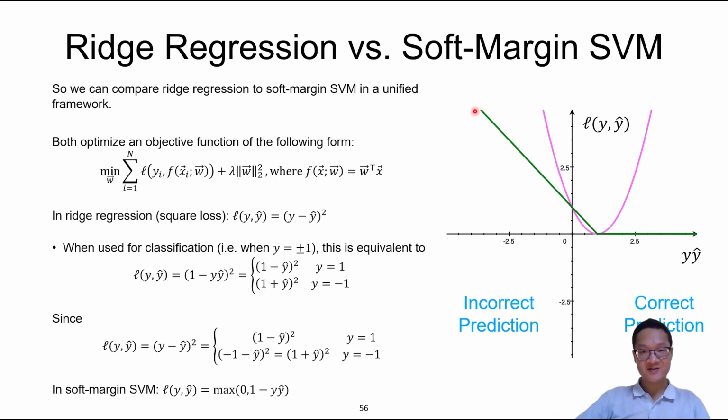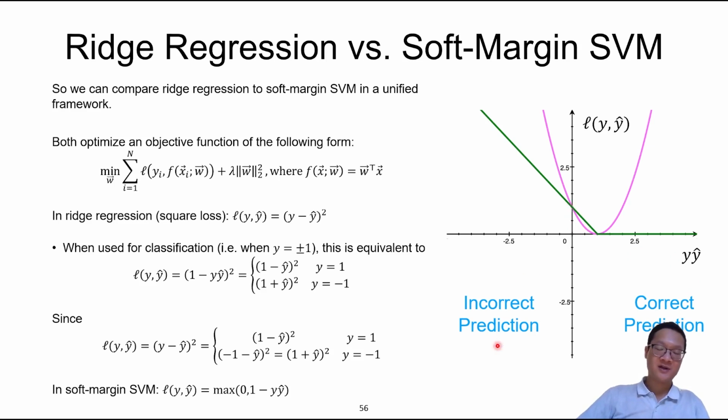Plotting the hinge loss, we can see in green that we have a negative 1 slope coming down until we get to the point 1, 0. And then it goes flat because of the max with 0. This means that on the correct prediction side, we receive no penalty unless we're within margin.